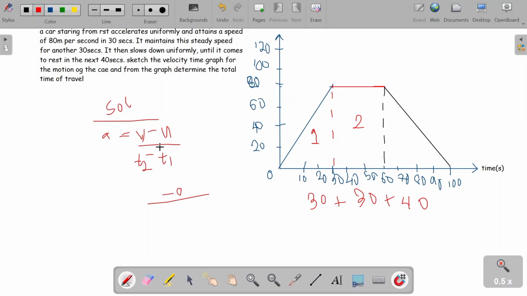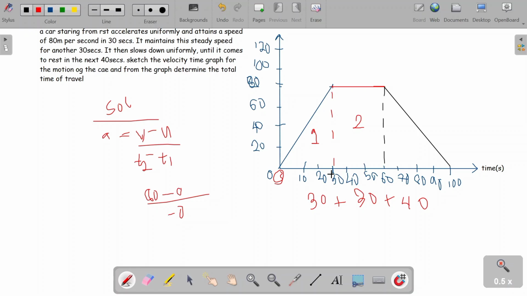So what was his final velocity in the first half? It's 80. So we're going to have 80 minus 0. Now what about his time? The first time he was having 0, because this 0 is for up here, 0 is for this side too. So his initial time was what? 0. So we're going to put 0. And what was his final time?